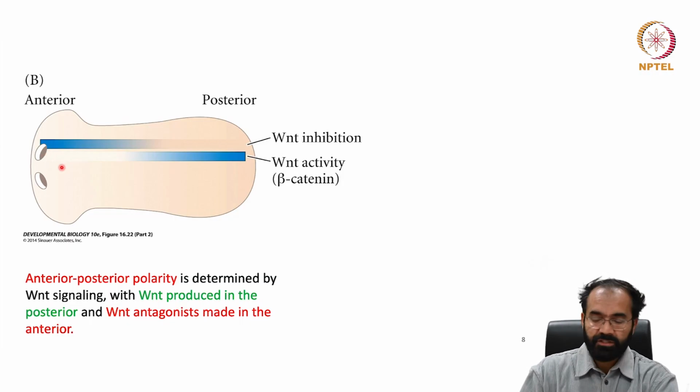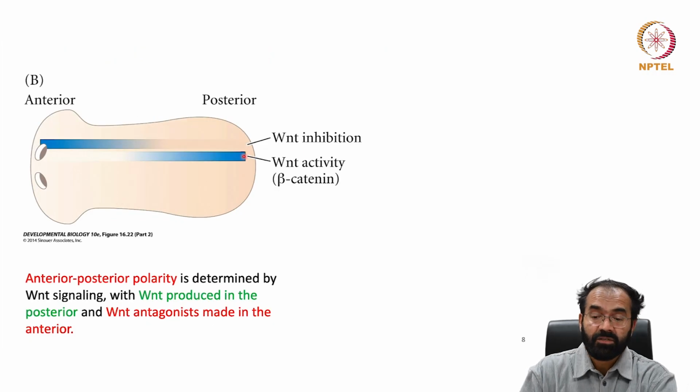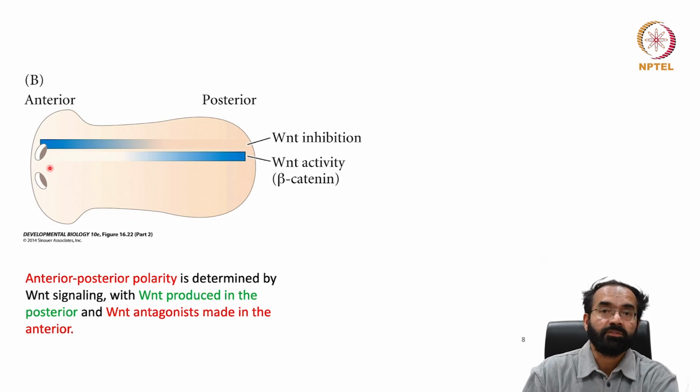Like we saw in the case of BMP signaling, presence and absence of BMP signaling, in the same way you have presence of Wnt signaling in the posterior and absence of Wnt signaling in the anterior. Wnt inhibitors do not create a new signaling. Wnt inhibitors make sure that Wnt signaling does not happen here.